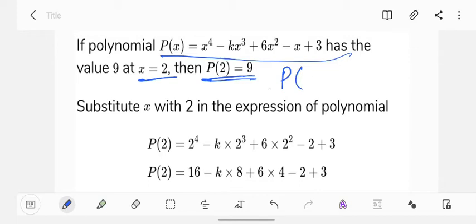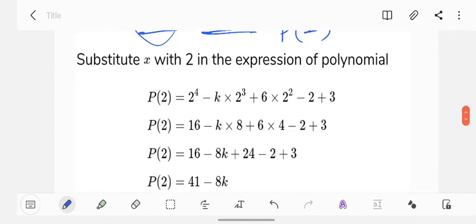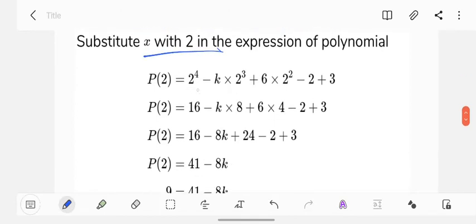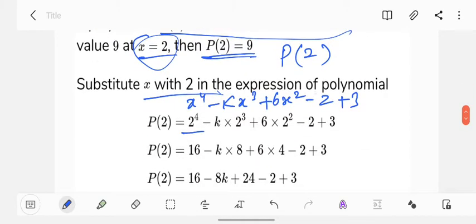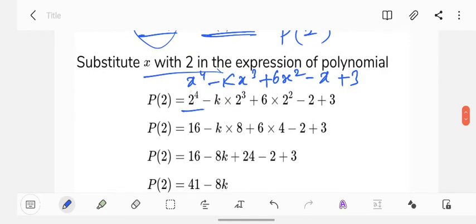In place of x, you need to place 2, which is the value of x. After substituting x with 2, the expression will be 2 to the power 4 minus k multiplied by 2 cubed plus 6 into 2 squared minus 2 plus 3.